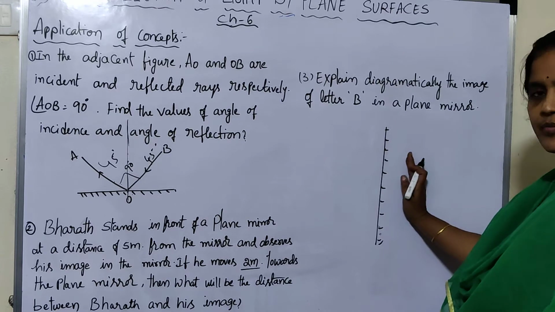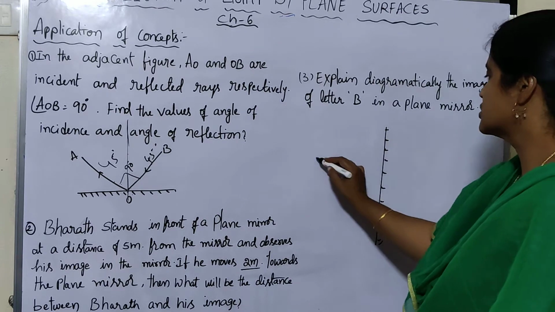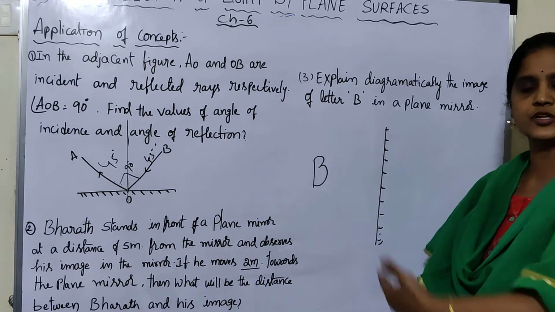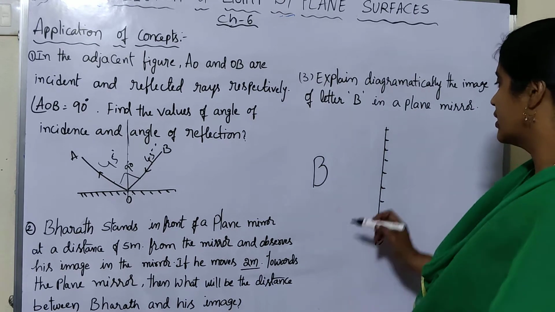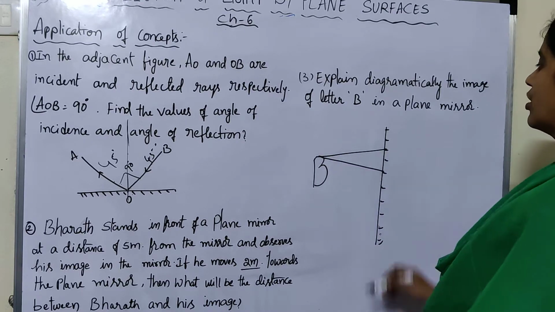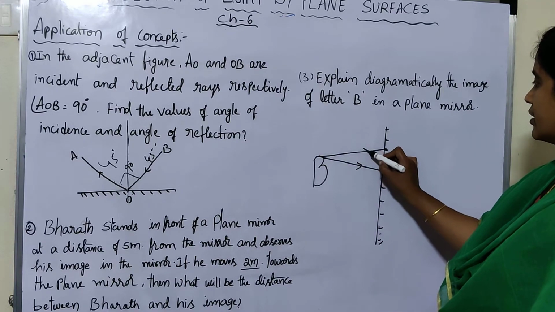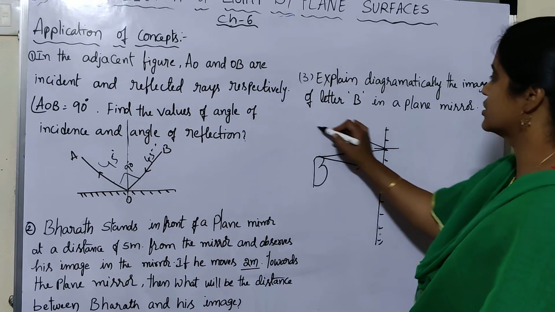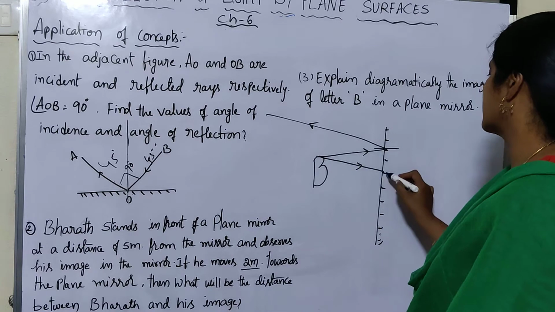Suppose this is the reflecting surface. If you observe the image of B in front of the mirror, from the top end 2 rays fall on the mirror, and immediately reflection takes place. So these rays will reflect like this.